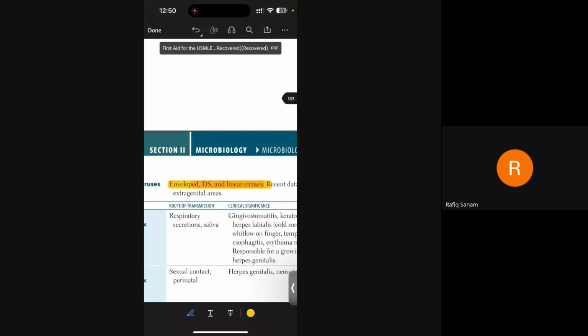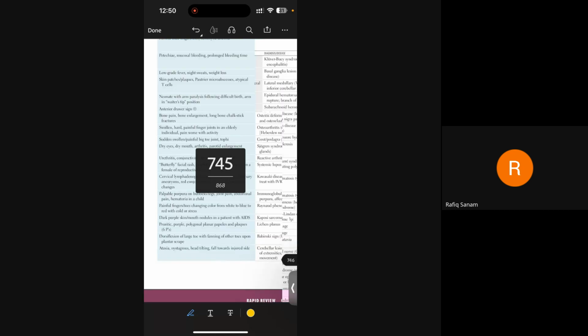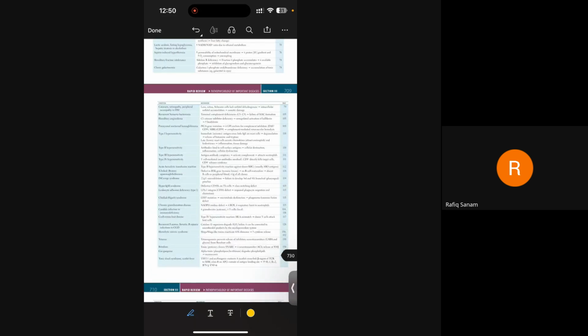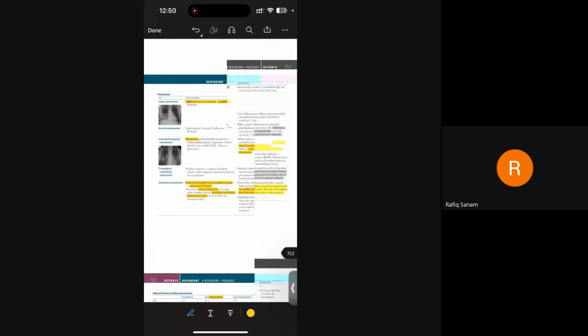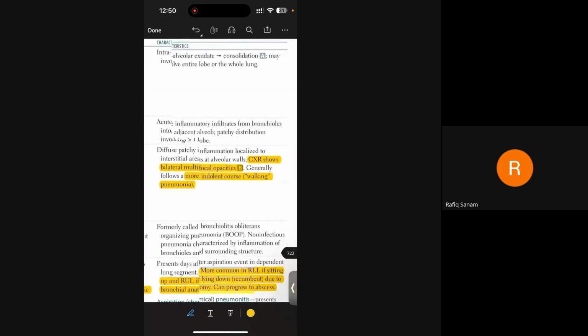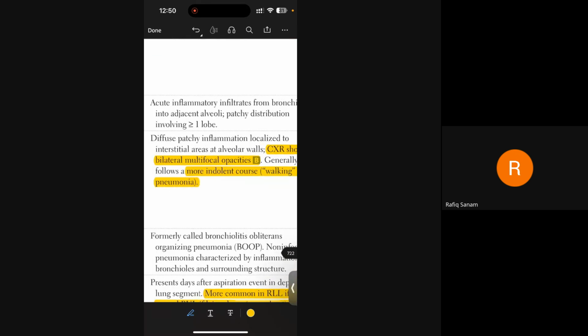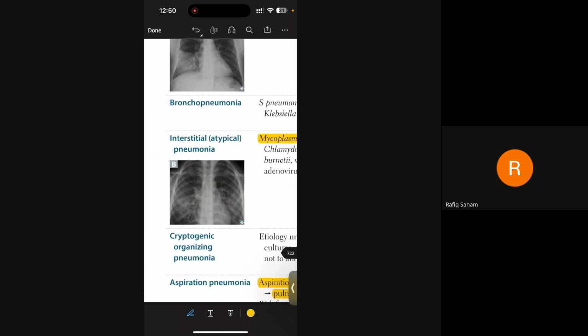First see the organisms which cause interstitial pneumonia. Chest X-ray shows bilateral multifocal opacities. Our patient has nodular opacities, right? Which is seen in interstitial pneumonia.